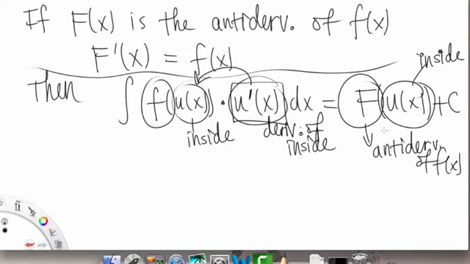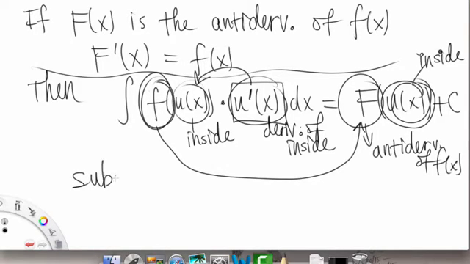A quick summary: when we integrate the outside function, this lowercase f turns into the uppercase F, and then what goes on with our u's is that we're sticking the u prime of x, the derivative of the inside, back into the inside function, which is our u of x. That's basically the substitution method in a nutshell.